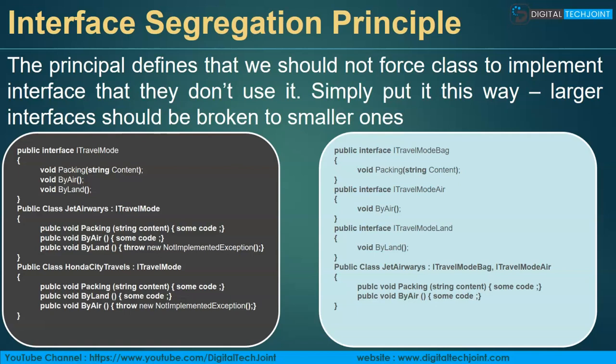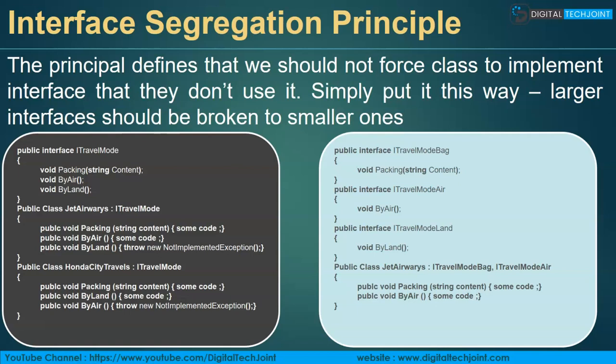That means the Jet Airways class needs to implement packaging, by air and by land. Similarly, we have a public class Honda City Travels, which provides facility to passengers to travel by land, and it also implements ITravelMode. In this case also, Honda City Travels needs to implement packaging, by land and by air.